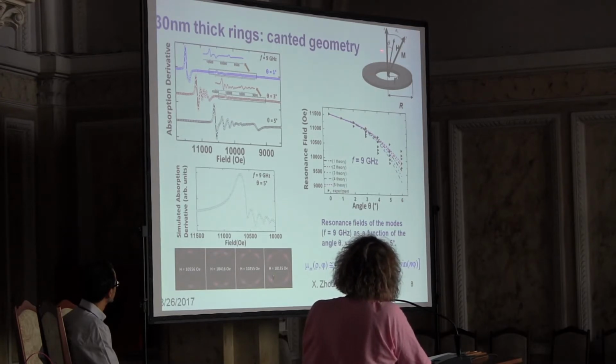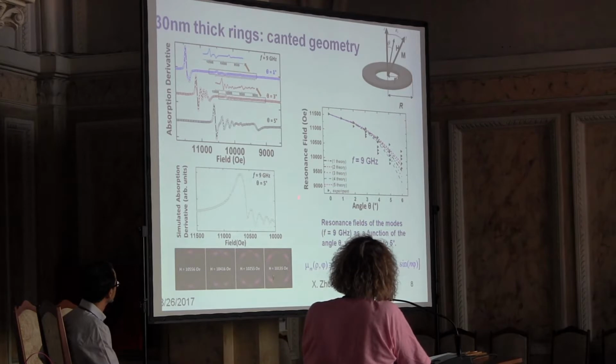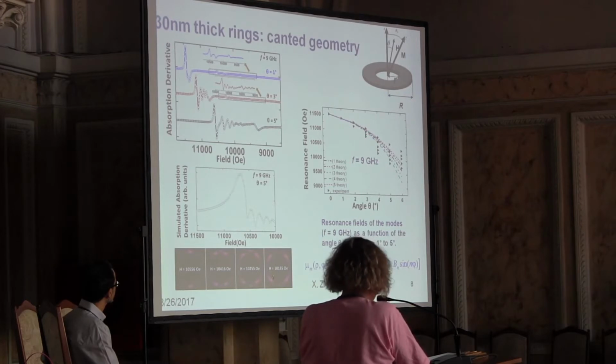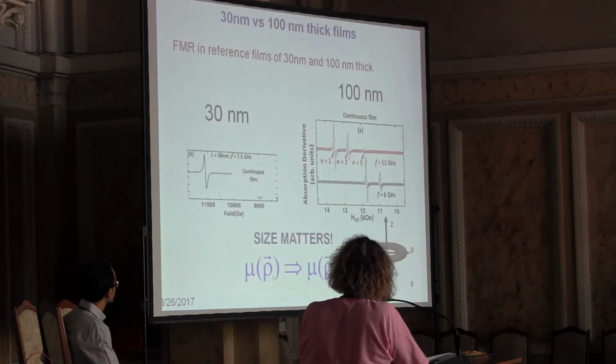Then, if we count the field from the perpendicular direction, every mode, including the first one, splits into many modes, and this is the resonance field versus canting angle. You can see the theory explains the experiment satisfactorily.